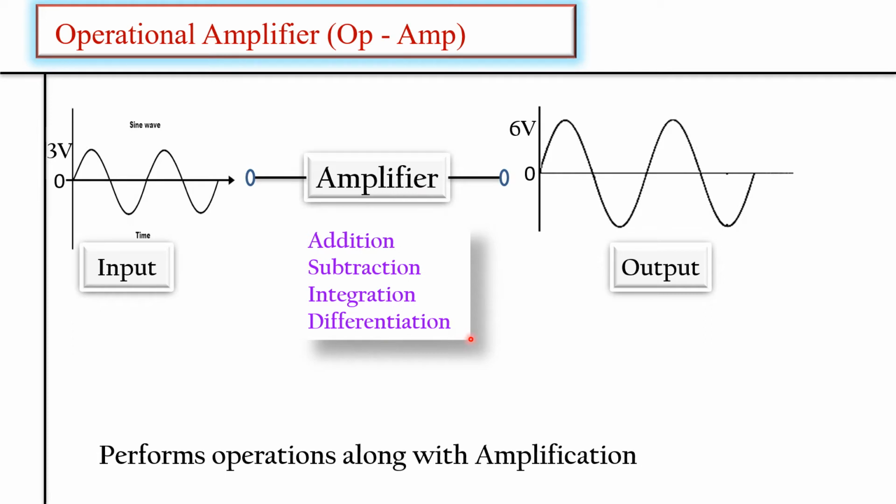Just by connecting a few resistors and capacitors, it is possible to perform different mathematical operations. That is why it is known as operational amplifier. It performs operations along with amplification. Is it clear?